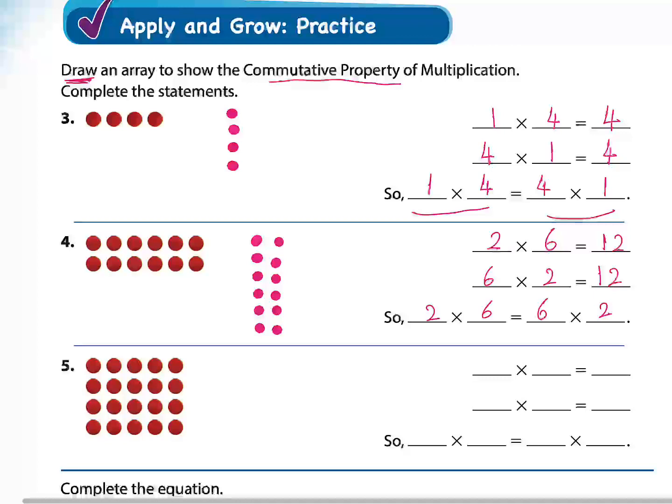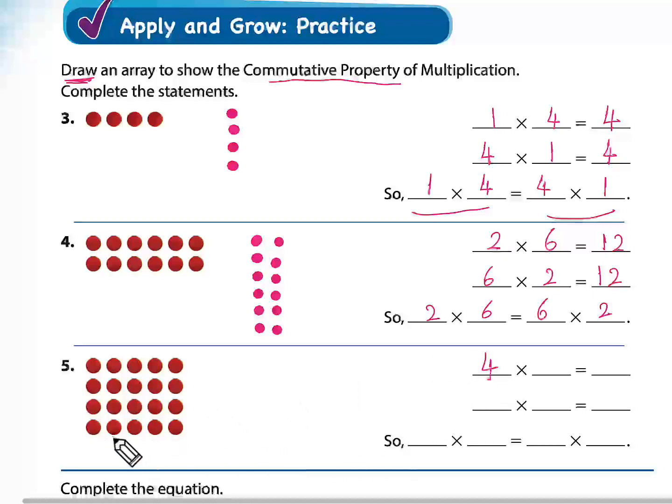Okay, my heroes, the next question. Abdurrahman Ayman. Okay, Abdurrahman. How many rows and how many columns? Question number 5. Four rows.